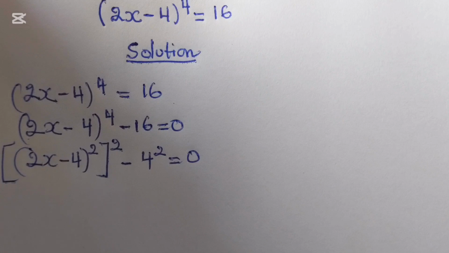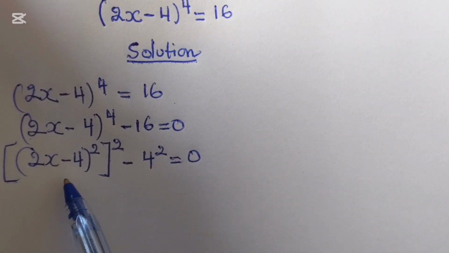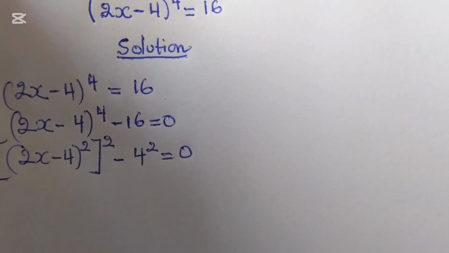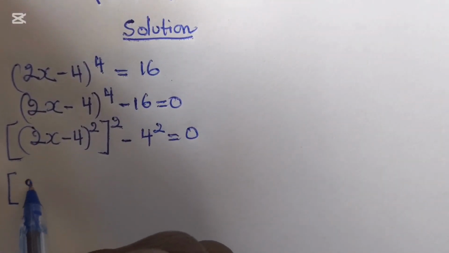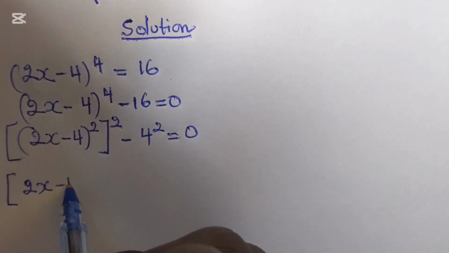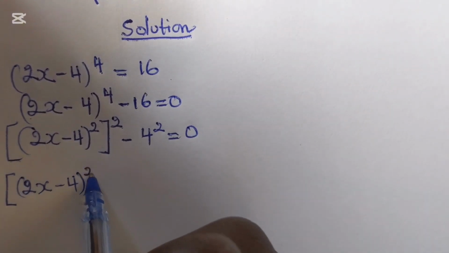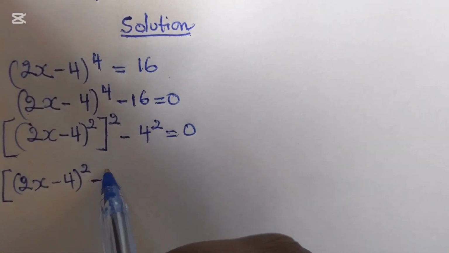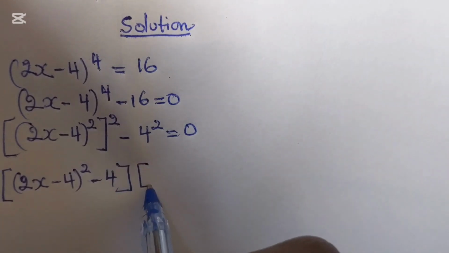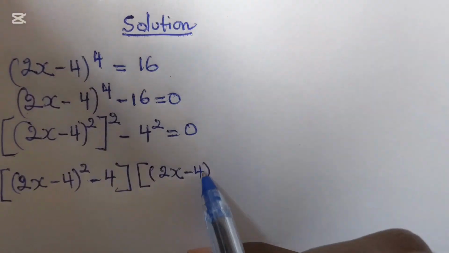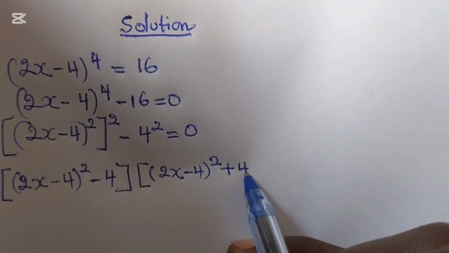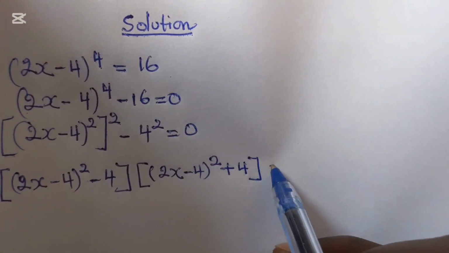The third thing we want to know is to make this equation a difference of two squares, meaning this can be a and this can be b, so that here we shall get ((2x - 4)^2 - 4)((2x - 4)^2 + 4) = 0.